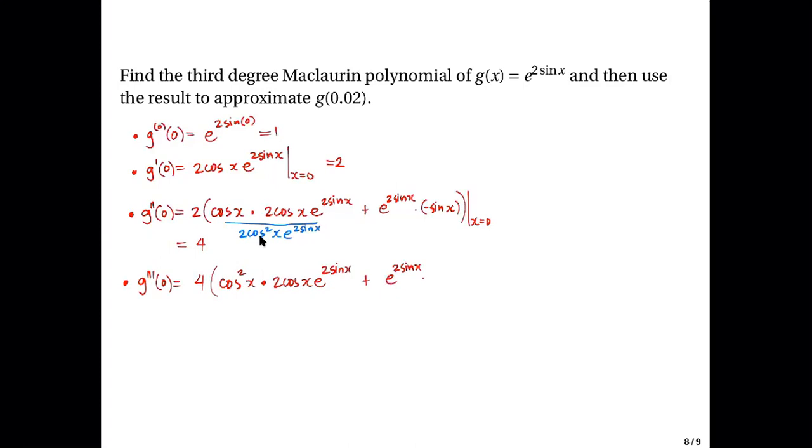Derivative of left, it's 2 cosine x times negative sine x. Correct?